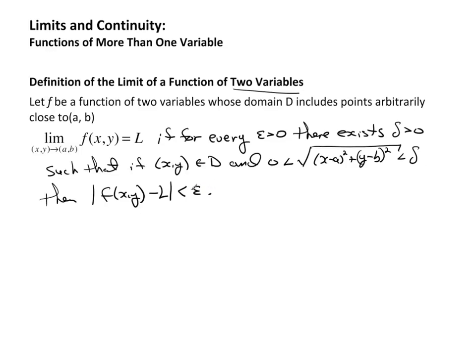Now, what we want to do is think of D as really just simply being a disk. This is some region about the point (a, b).